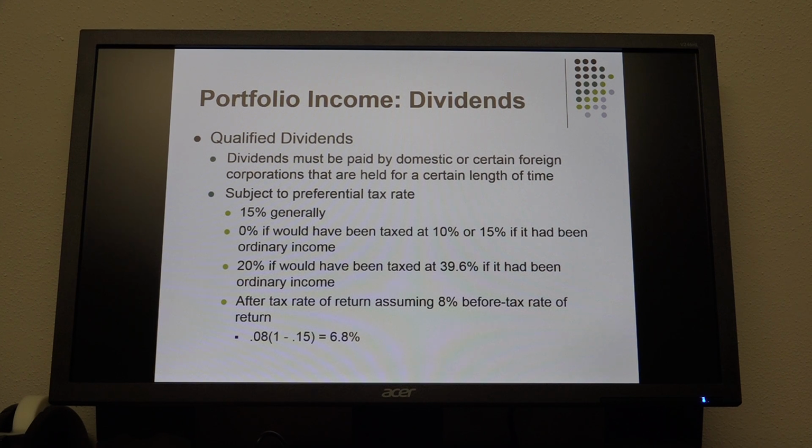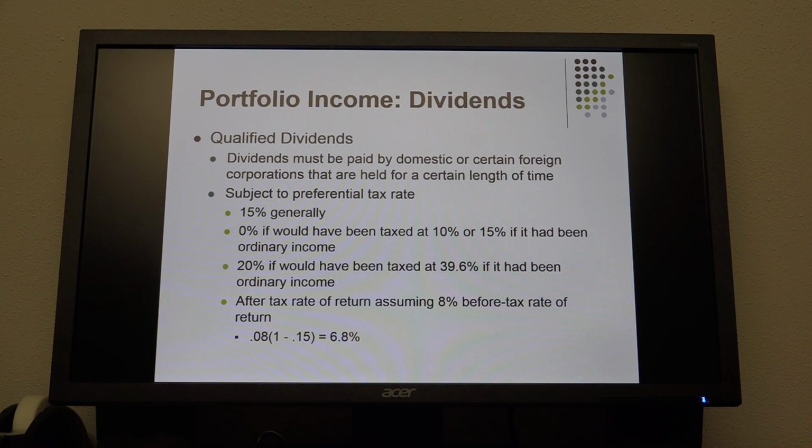But if that dividend income would have been taxed at a marginal rate of 10 or 15% had it been ordinary income, then that qualified dividend is taxed at zero.